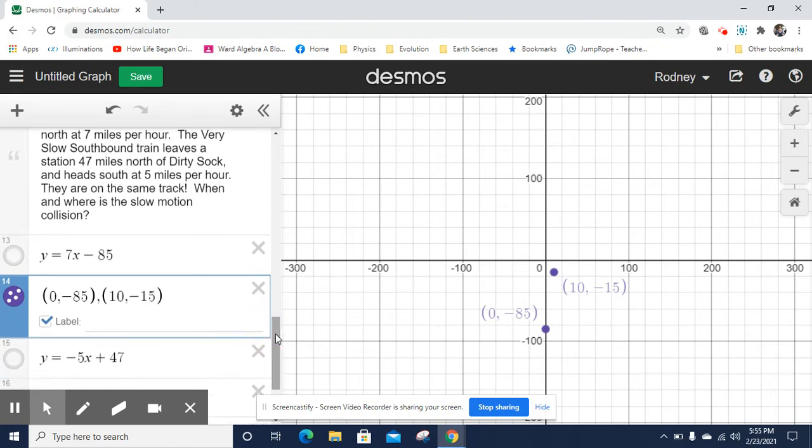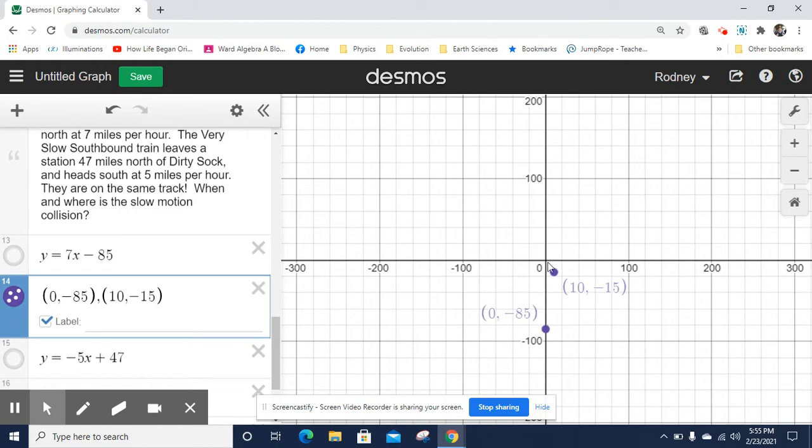I used my slope and my y-intercept to work out what a second point would be. So from (0, -85), I would have gone up 70, which would get me to negative 15, and then over to the right 10, because 70 over 10 is the same as 7.